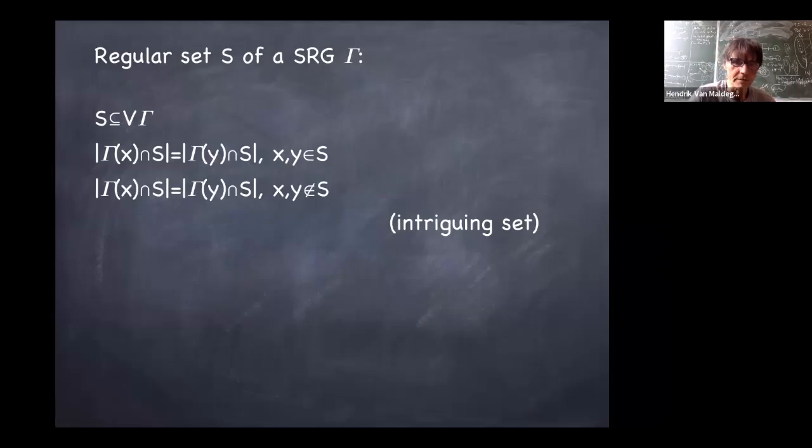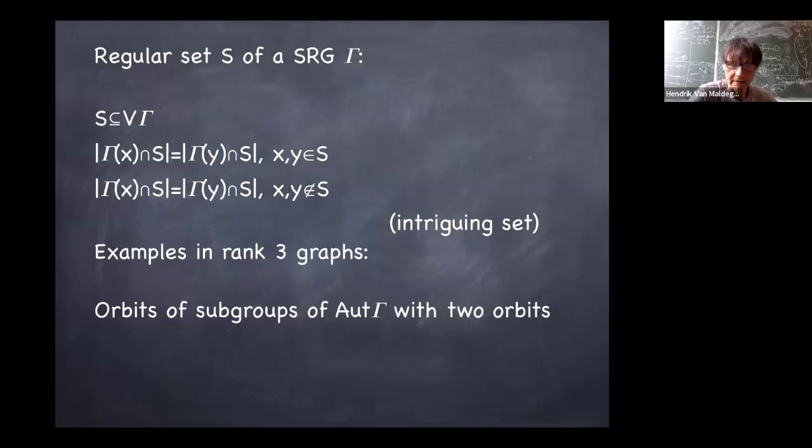Okay, there is a whole theory about these things, but in the rank 3 graphs, most examples come from orbits of subgroups that have 2 orbits. If you have only 2 orbits, then of course these conditions are satisfied, because 2 points x and y are in the same orbit, so these numbers must be the same.